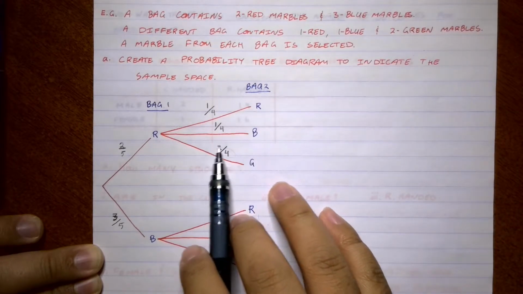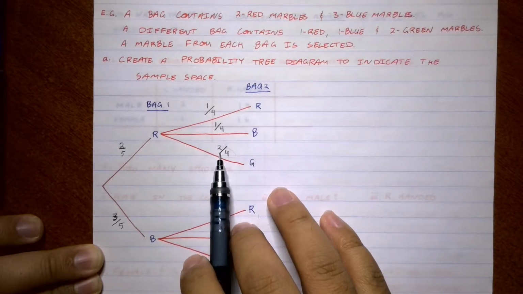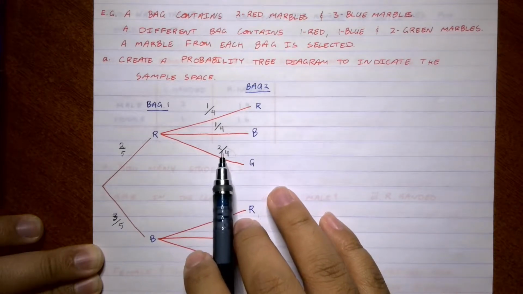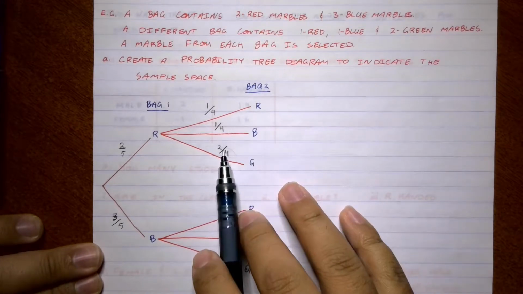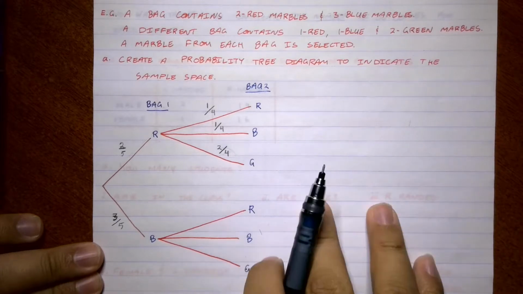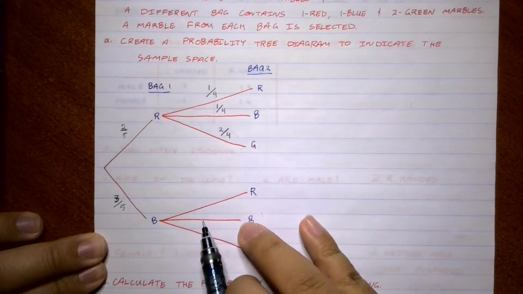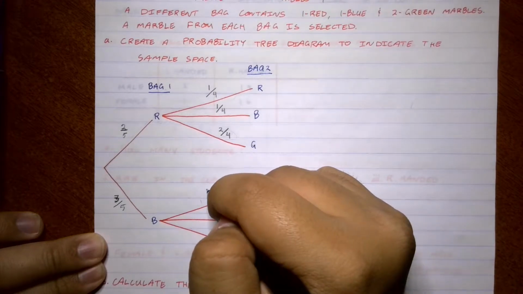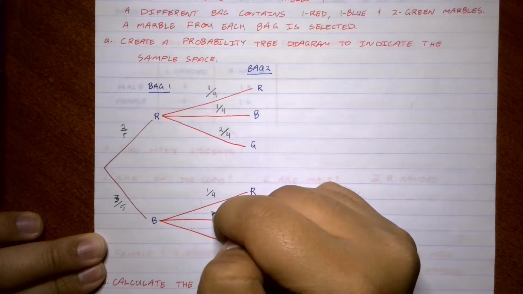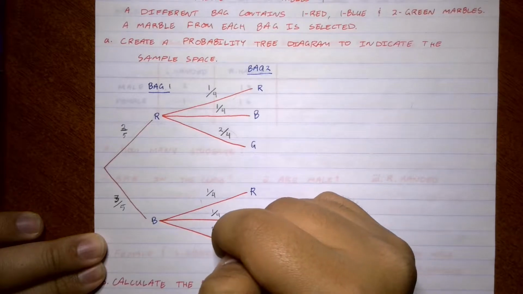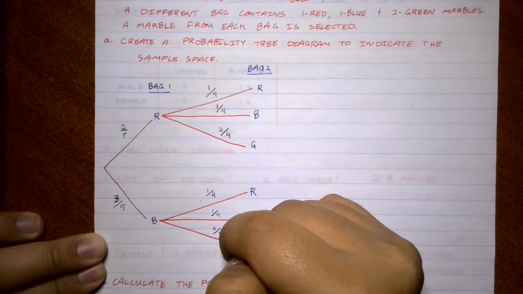Normally you can simplify it, but when it comes to tree diagrams, it's best to keep it as the same probability without simplifying it. We apply the exact same probabilities to each of the branches here. So that's 1 in 4, 1 in 4, 2 in 4.